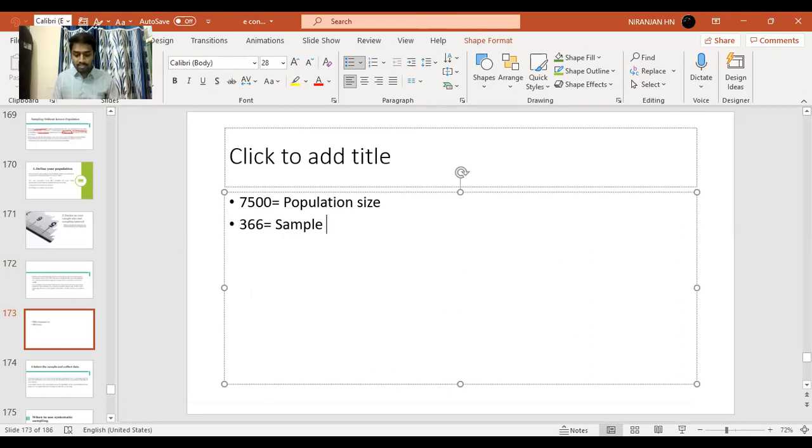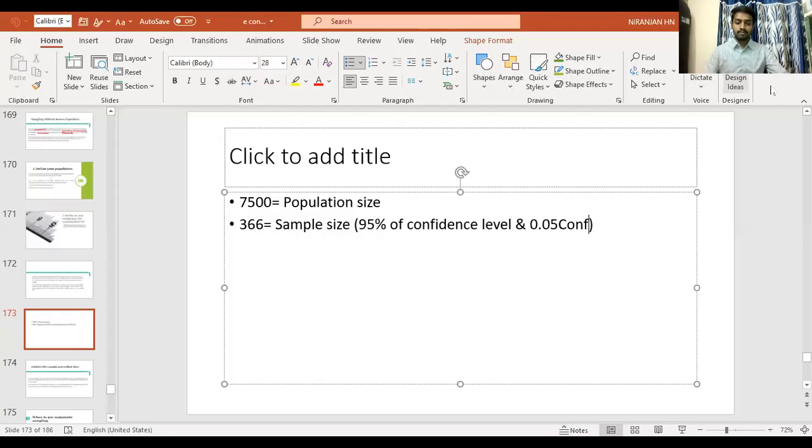So how this 366 has been divided, you can refer to my last video. There I have expressed my views on a sample size calculator, where you choose based on a 95% confidence level, a 0.05 confidence interval, and we also have the margin of error.